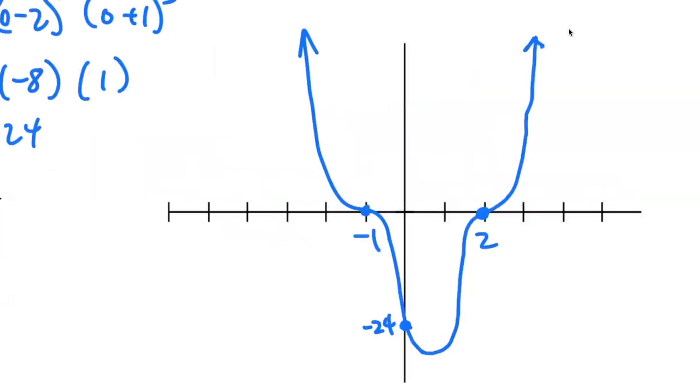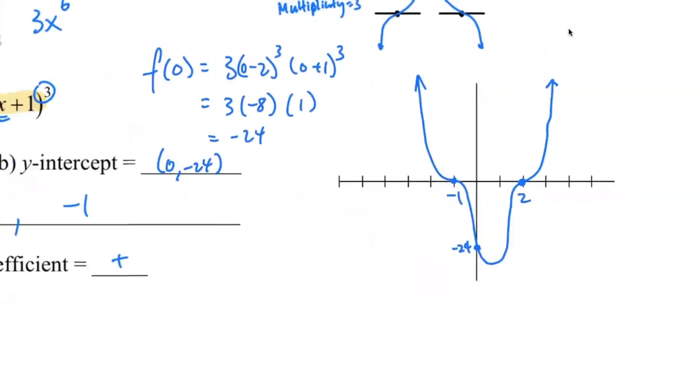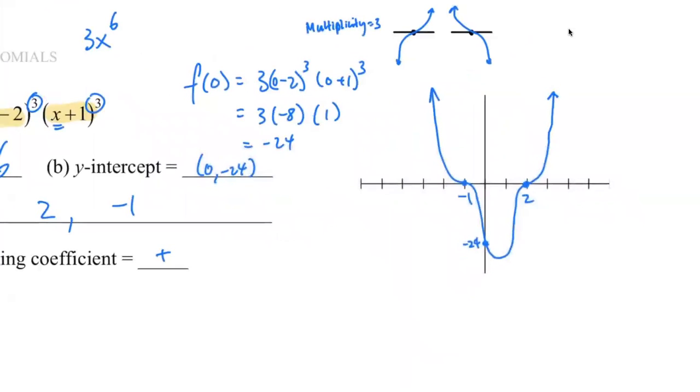And then we finish right there. Okay, so very straightforward. Just make sure that you acknowledge that it's a multiplicity of 3, and that's how you pass through the roots.